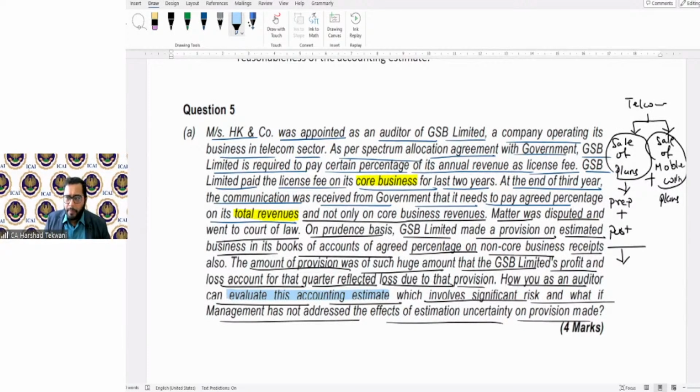Simple. Pretty simple. We have already discussed this particular point. Evaluation of accounting estimate. Absolutely correct, man. Come on, guys. How will you evaluate this particular accounting estimate?